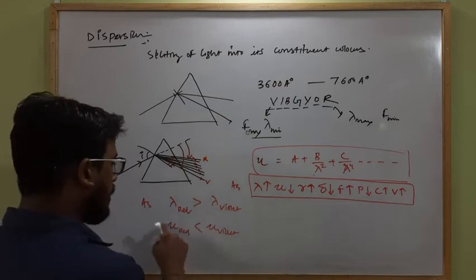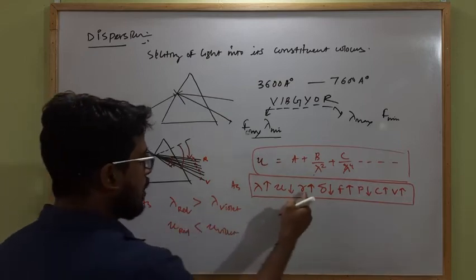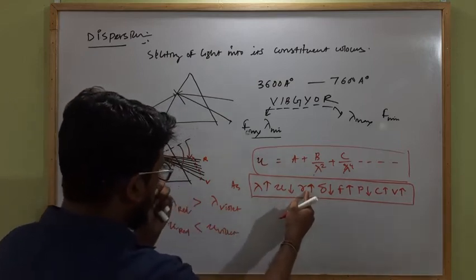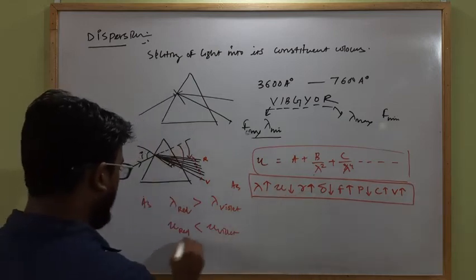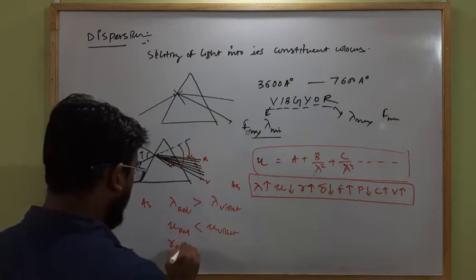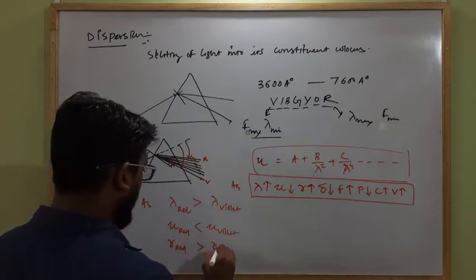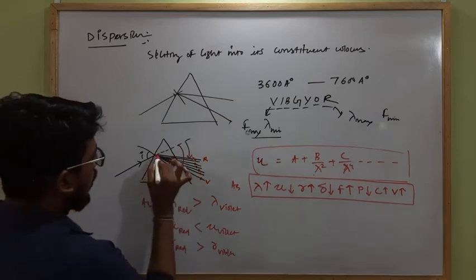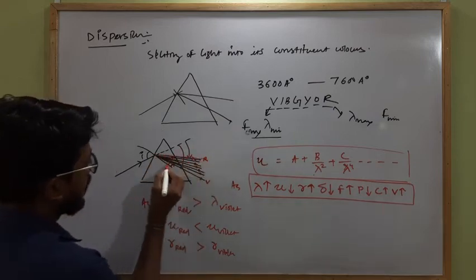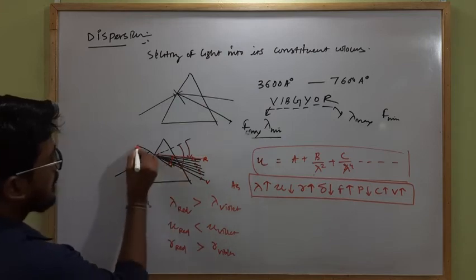So if refractive index of red is less than violet, the angle of refraction R for red will be more in comparison to R for violet. So this is the angle for the red light, it will have more angle of refraction. This is the normal.